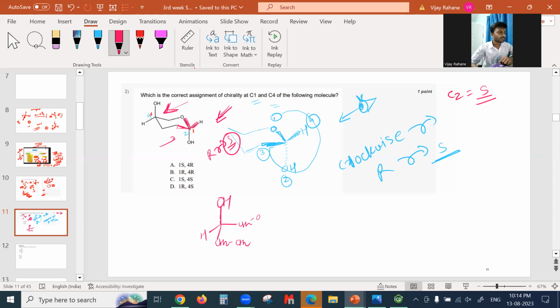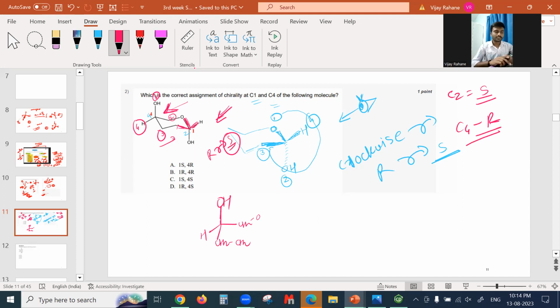Then the CH2O will be on the right hand side to us. So the hydroxy first, the CH2 second, and this one third. The configuration for this one is 1, 2, 3. It is clockwise, so the configuration for this second center, C4, is R.